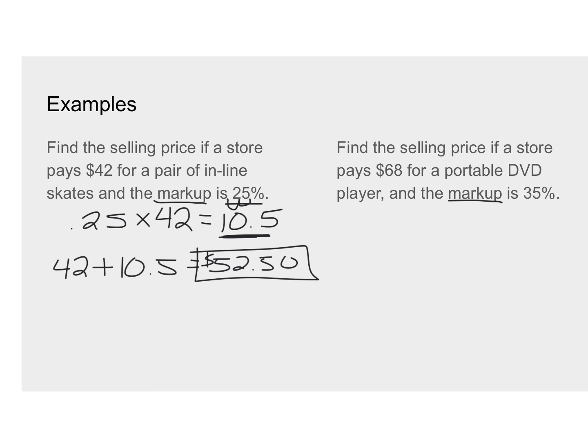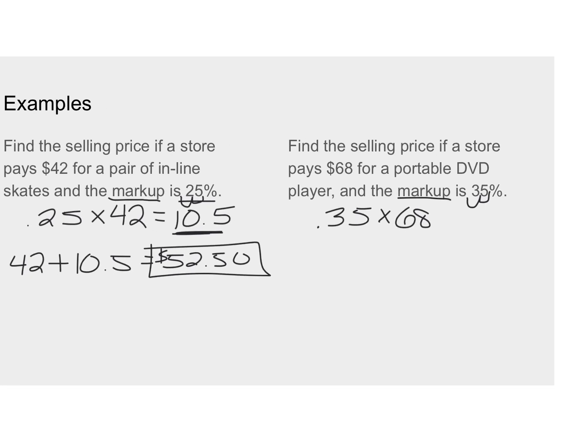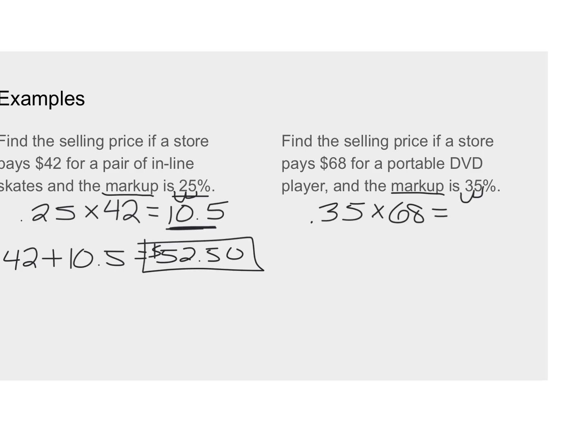Okay, so we want to find the markup value. How do we find the markup value? What do we want to do first? Divide the percent by 100, which moves our decimal 2 places. So we get 0.35. Now we want to find 35% of 68. So multiply by 68. What do you get when you multiply those? 23.8.